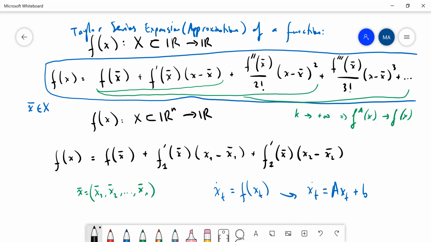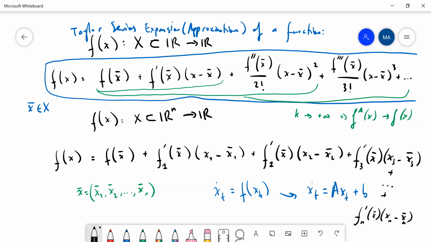Then you keep on doing that for all arguments, x3 bar plus, and that goes on until you have f_n prime at x bar times x_n minus x bar n.